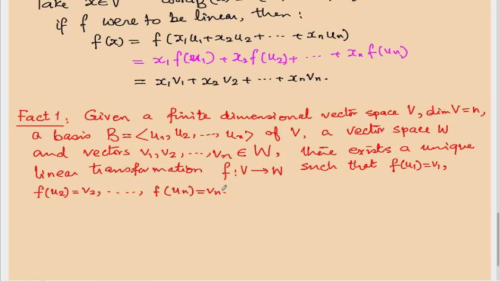We often call this the method of extending or linear extension. Okay? So we will utilize this procedure very closely in the rest of our course. So this is called the method of linear extension.